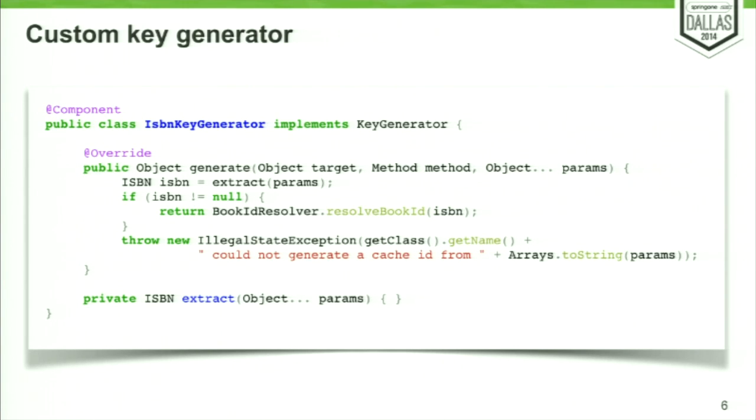Basically extracting the ISBN from the parameters and calling a method that's going to create the ID. And you can test that in isolation without the caching aspect. You can just make sure that if you pass the right parameters, you'll get the right answer. So now you need to customize it, right, for that specific operation.